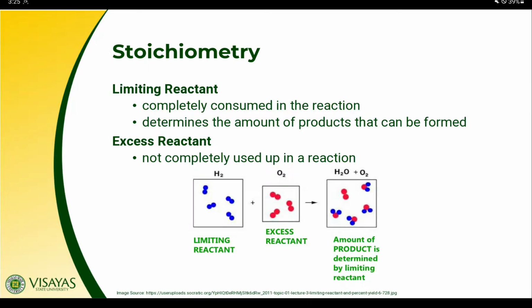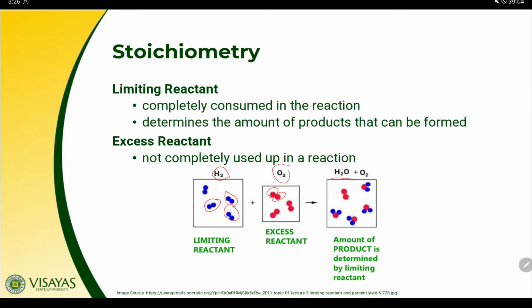We have here an example. We have hydrogen gas and oxygen gas reacting to form water. In water we have 2 hydrogen for each 1 oxygen. So what happens here, for example, we have 2 hydrogens and we get 1 of the oxygen. We have another one here which combines to produce another water molecule.